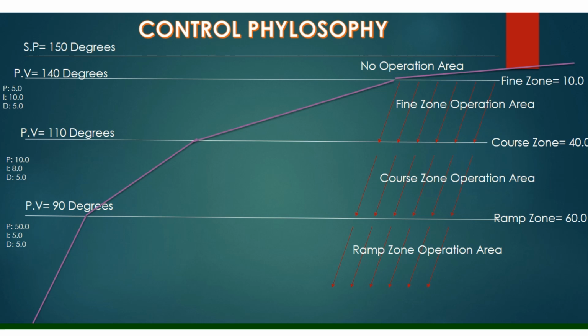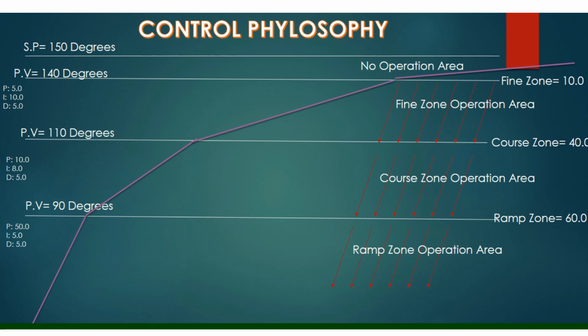For example, on a particular machine, when we were proving this, the temperature set value was 150 degrees, and on the basis of these P and ID values, my temperature was maintained at 149.5, 149.6, and it was not going above that particular value.